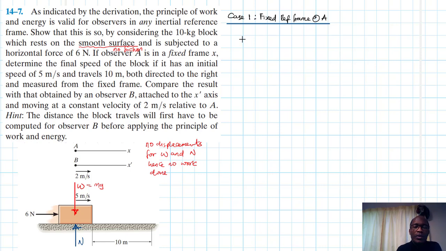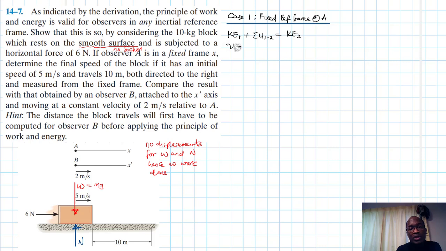Alright. So we are using the principle of work and energy: initial kinetic energy plus the total work done from point 1 to point 2 is equal to the final kinetic energy. We are first dealing with A, which is the fixed reference frame.